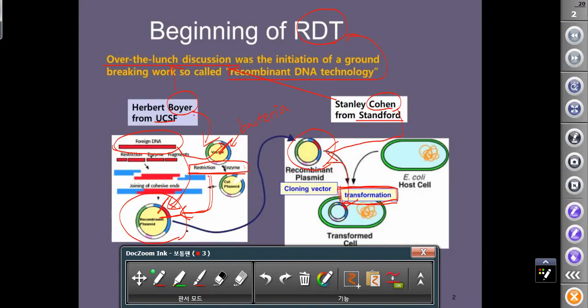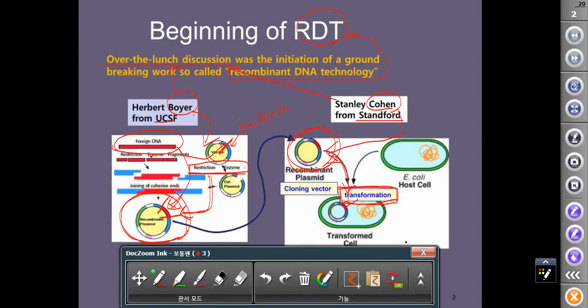You see here, Boyer can produce recombinant plasmid, okay? And Cohen can put this recombinant plasmid into a bacteria cell. So this is the product of their co-work. Isn't it interesting? This is the beginning of RDT.